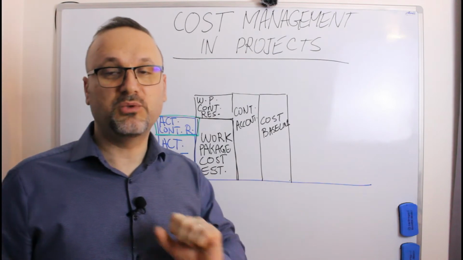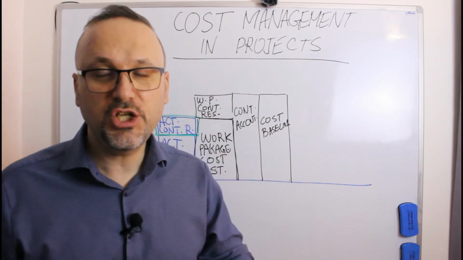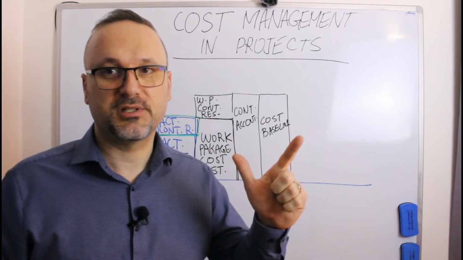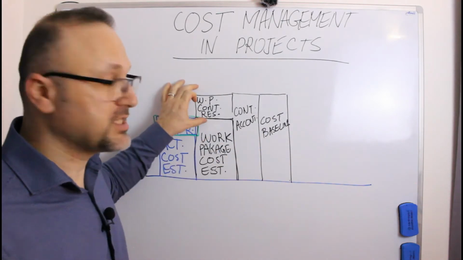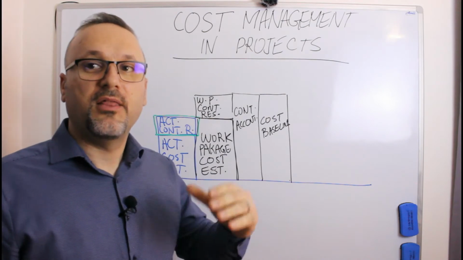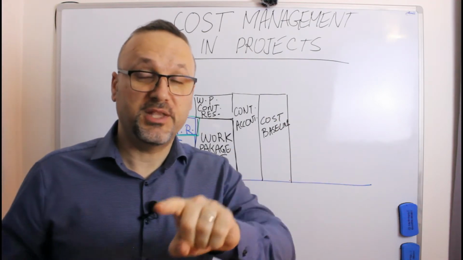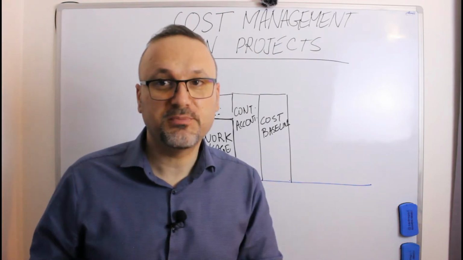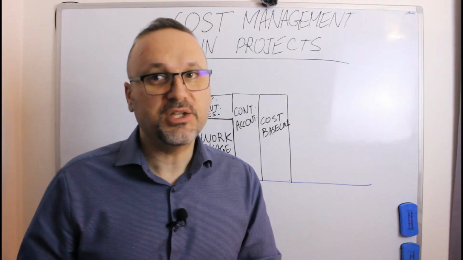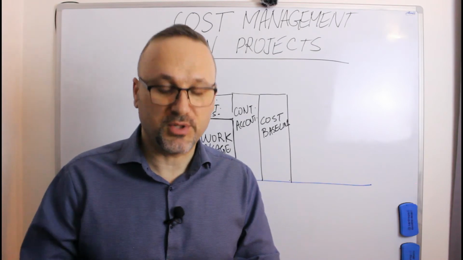Okay, but your management will tell you, I have some unknown risks, because in each and every project you have known risks and you have unknown risks. For the known risks, you have just added the contingency reserve. But for the unknown risks, the management tells you, I have to add a percentage, or if the management doesn't tell you, you have to tell the management, what are my contingency reserves for the management, for the unknown risks which could appear during the project.